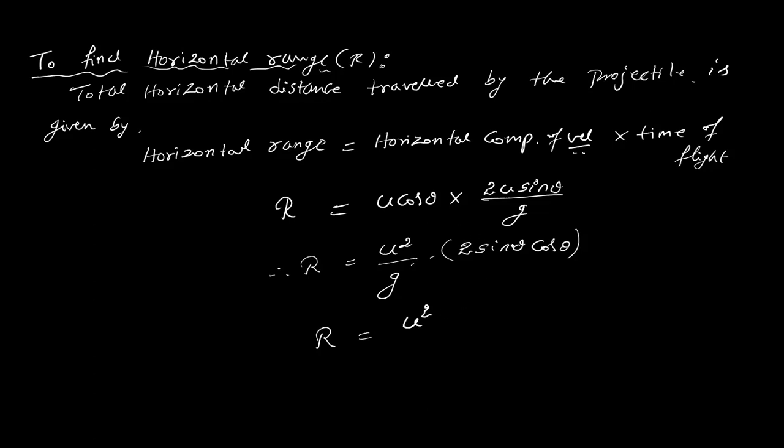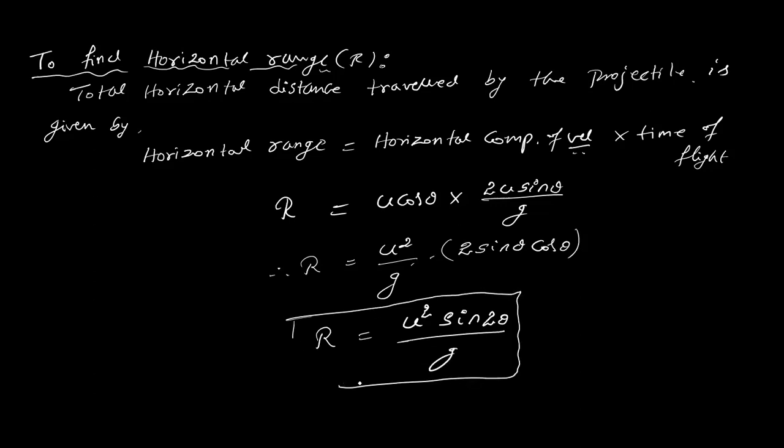So R is u square sin 2 theta divided by g. So this is the horizontal range formula. You can write the reason here, since sin 2 theta is equal to 2 sin theta into cos theta. Got it? Okay.